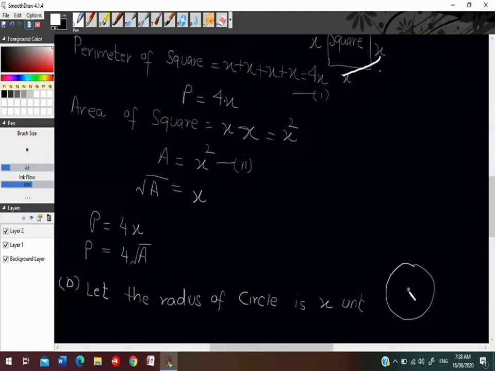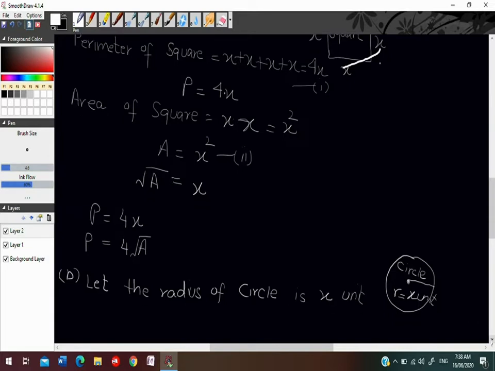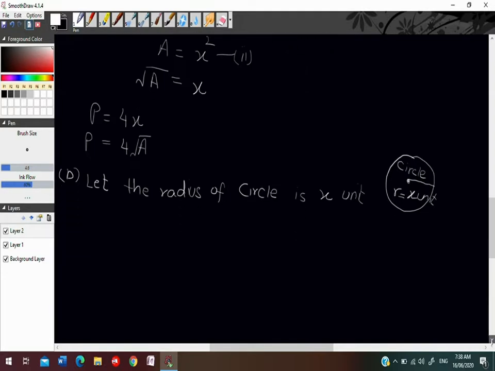This is the center of a circle and this shows the radius. R is equals to, let's say, x units. Let the radius of a circle is x unit.